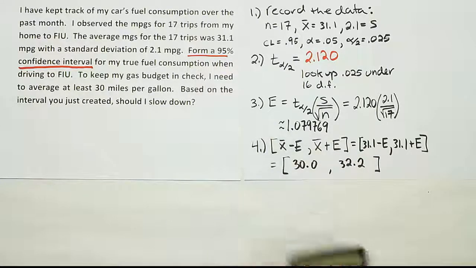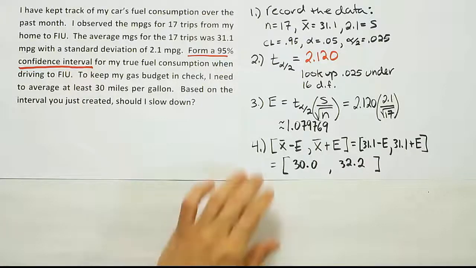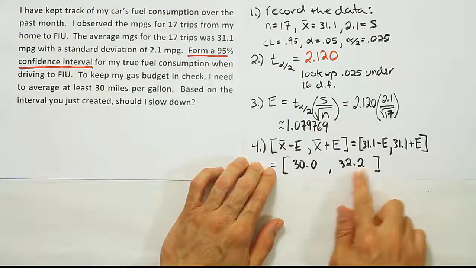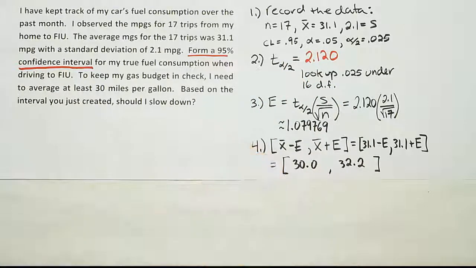And now let's try to interpret our results, right? We usually write the statement, we are 95% confident that the true mean is between these two values. So let's write that out then.